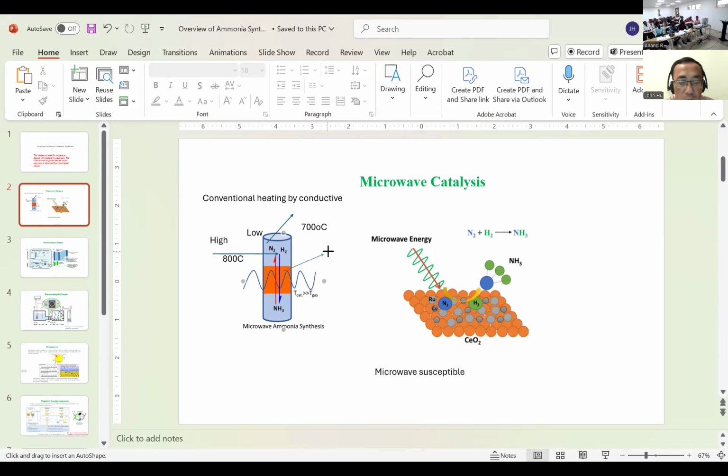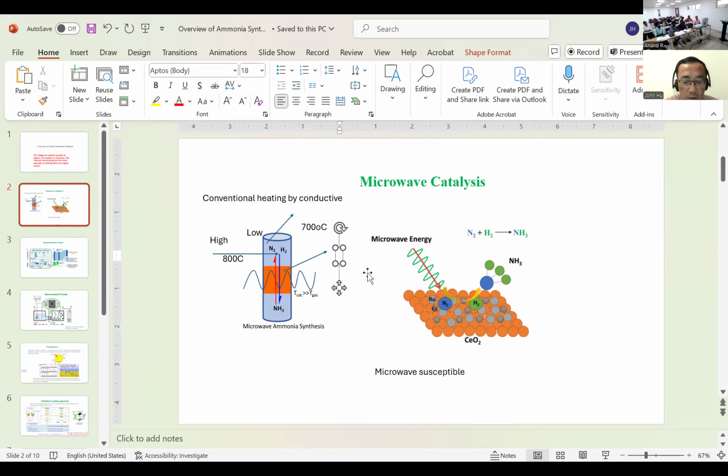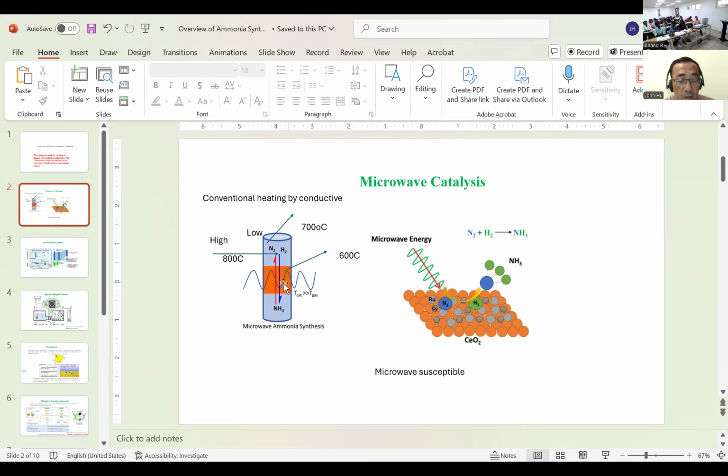This orange catalyst would probably be 600 C. And on the orange color catalyst, remember I have the active site.